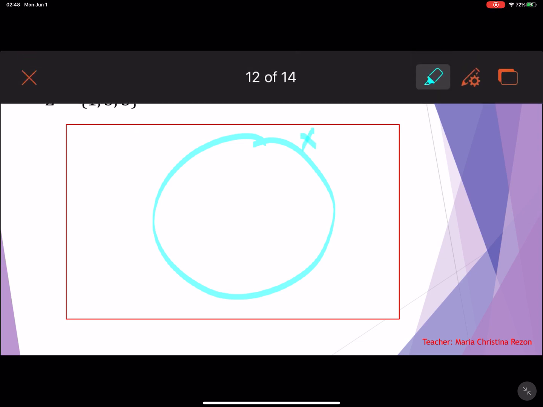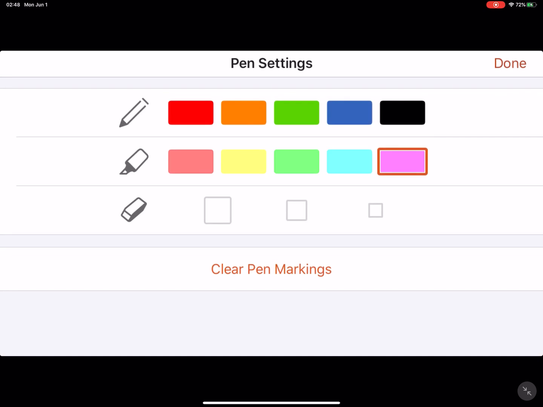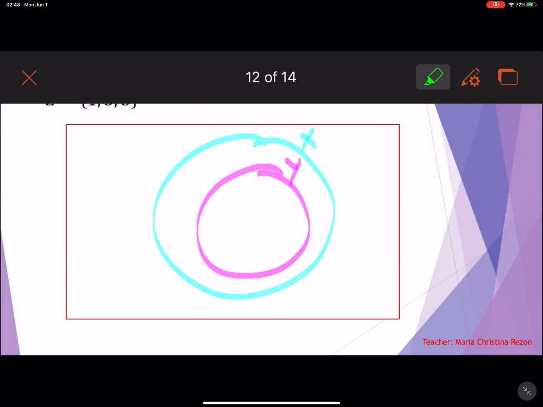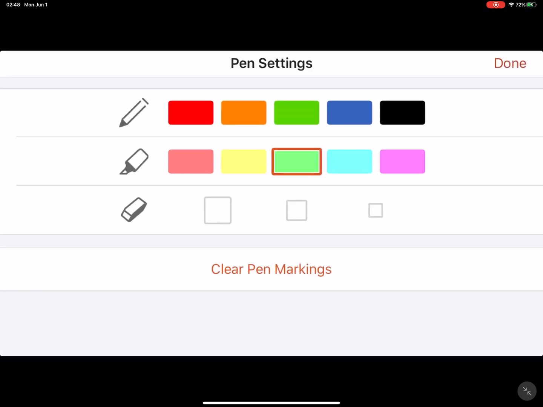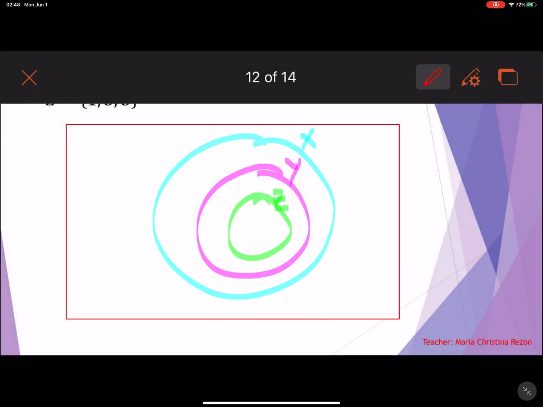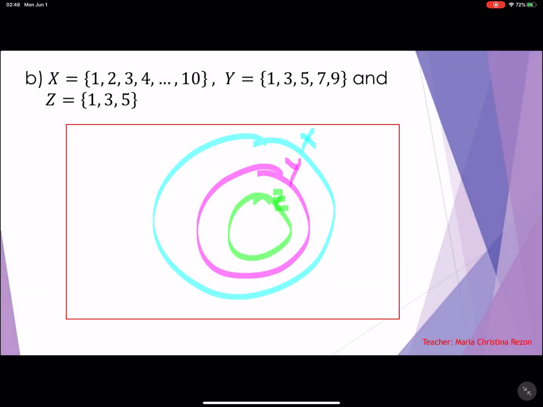And then let's have your Y. And then let's have your Z. Okay. Then let's write our elements here. So for your Z, you have 1, 3, 5. So write 1, 3, 5.